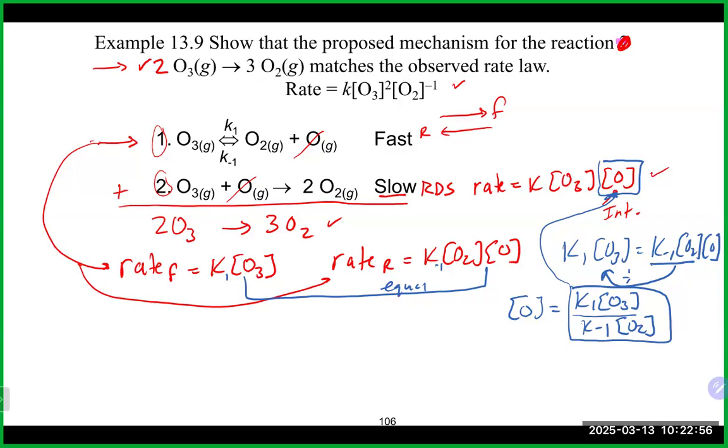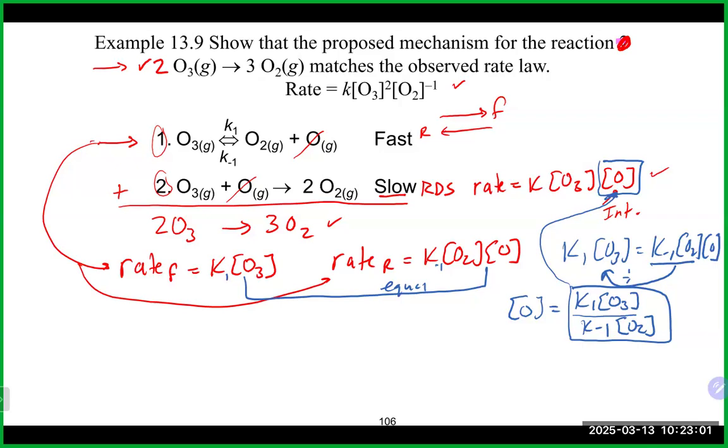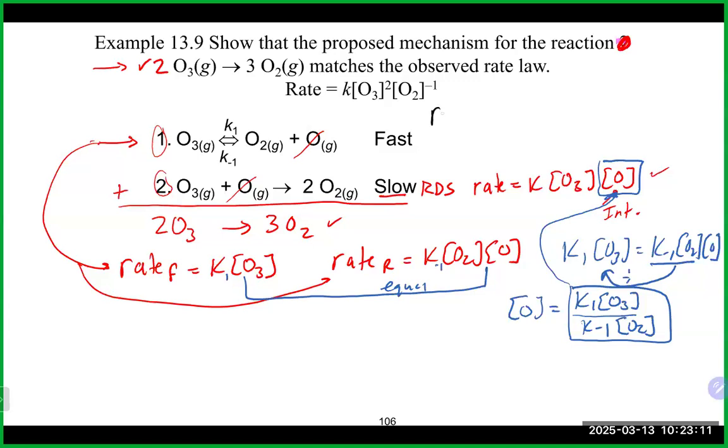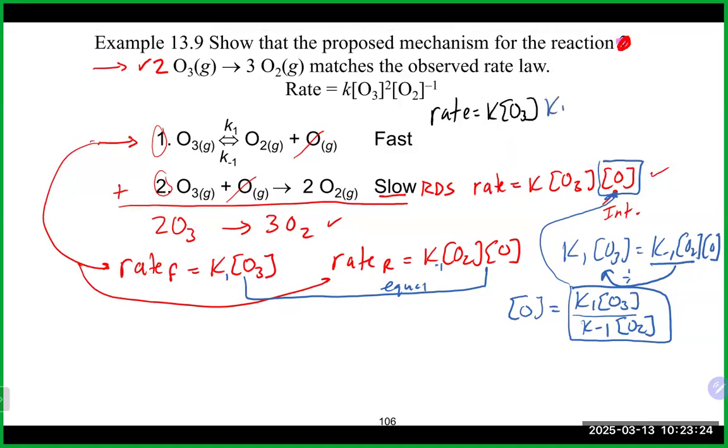Now, when I do that, I'm going to put everybody in there all at once, and I won't cancel anything at this point. So the rate is equal to k2 times O3, and now I'm going to substitute in what I got there on the bottom, which is k1 O3 divided by k-1 O2.